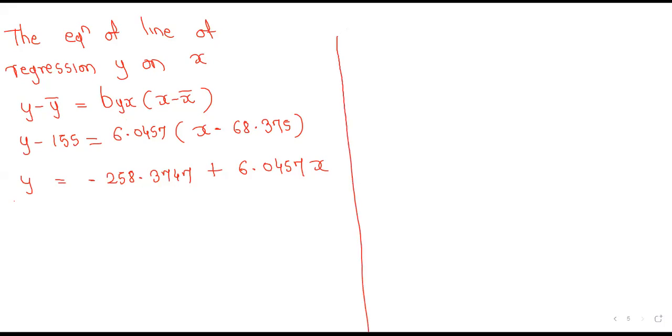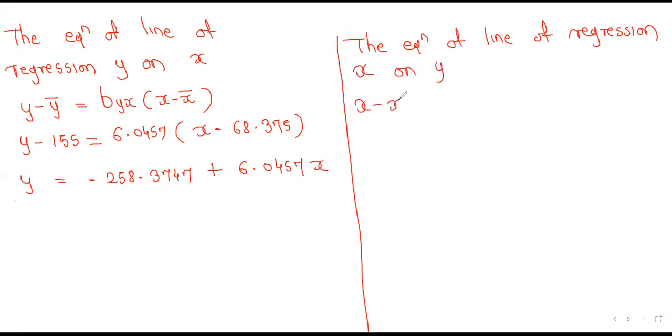Now we find the equation of line of regression x on y. The equation of line of regression x on y, right? And which is denoted by x minus x bar is equal to bxy into y minus y bar.